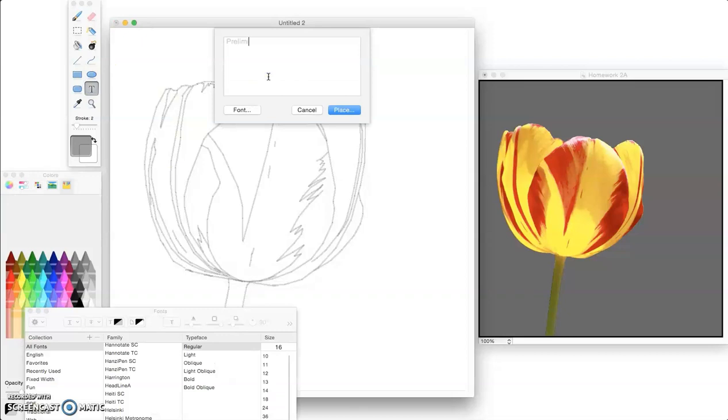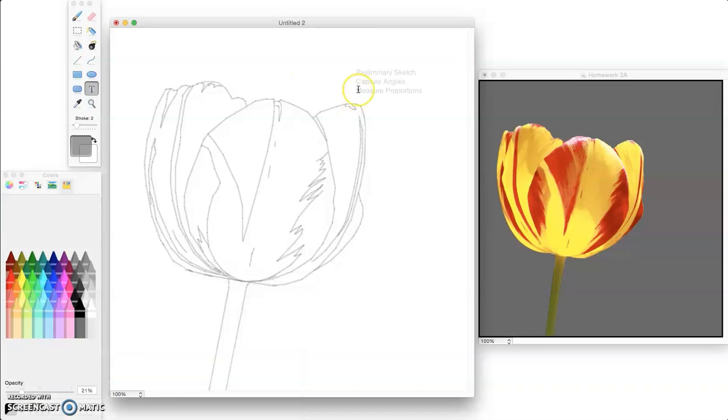And so I'm just writing in the words of the basic skills that I'm trying to communicate to you here. Preliminary sketch, capture angles, and measure proportions. Took a while to write that. It's too light, too small, so I got rid of it.